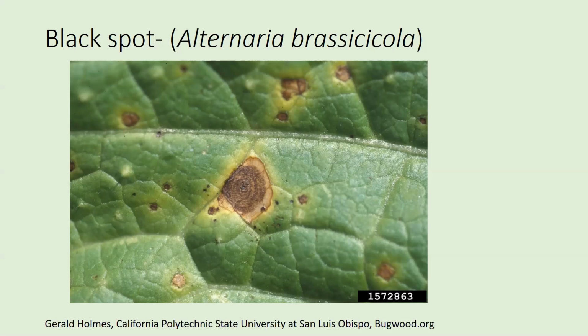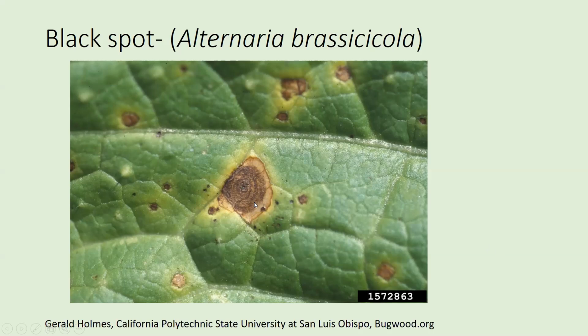If you look at this one, you can see those concentric rings that are forming on this plant here. And sometimes in the very middle of it, you'll see a black mass inside of them. It's kind of a sooty black mass that's within it.